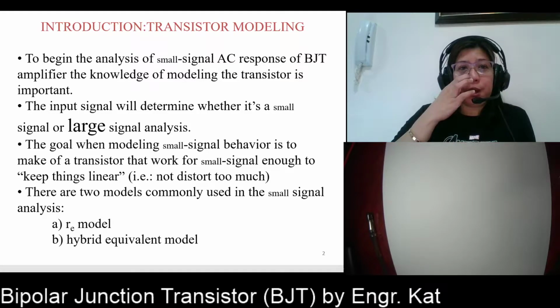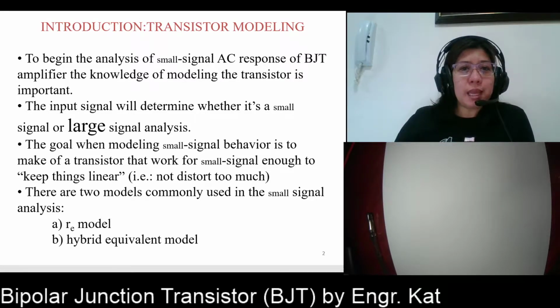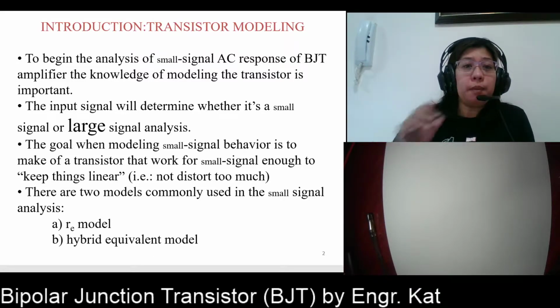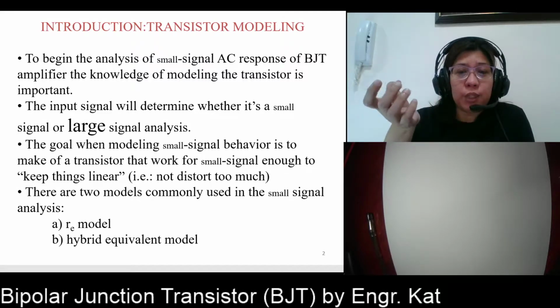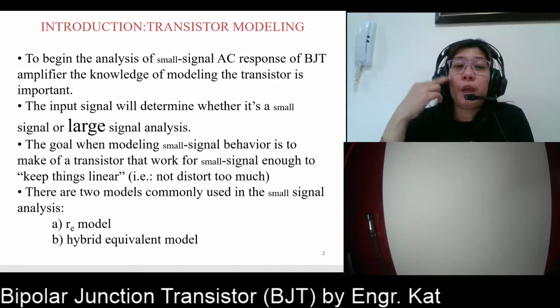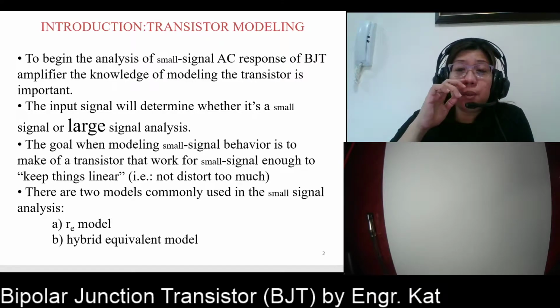Okay, so to start with, we begin the analysis of the small signal AC response of the BJT amplifier. The knowledge of modeling the transistor is important. We will be discussing here two models: the RE model and the hybrid equivalent model.